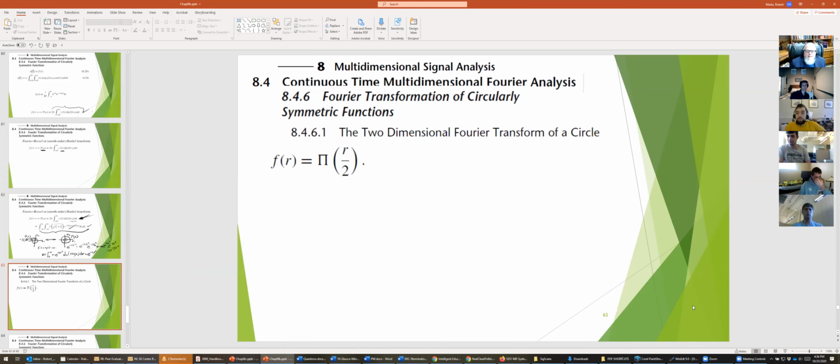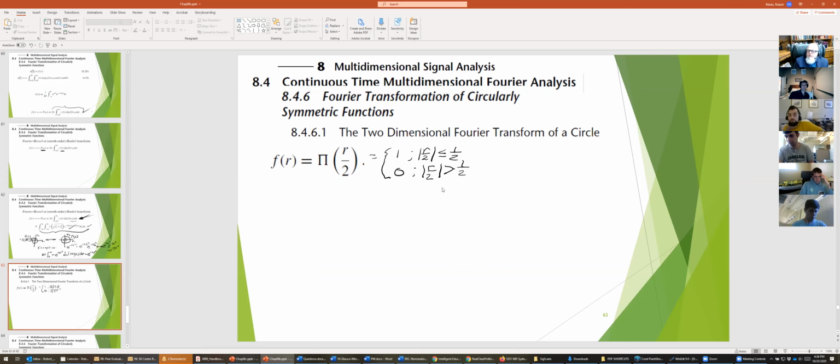So let's do our first Hankel transform, if you will. This is a two-dimensional Fourier transform of a circle. We're using a pi function. Well, remember what the pi function was defined as. It was defined as 1 as long as r over 2 is less than a half, and it's equal to 0 if r over 2 is greater than a half.